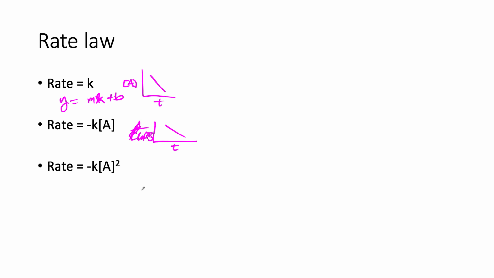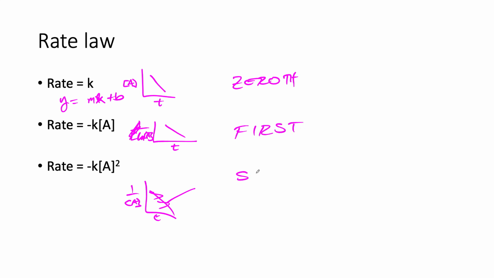And this is second order, so this is 1 over a versus time, and this is going to be a straight line going this way. I want to point out that this is zero order, this is first, and this is second.